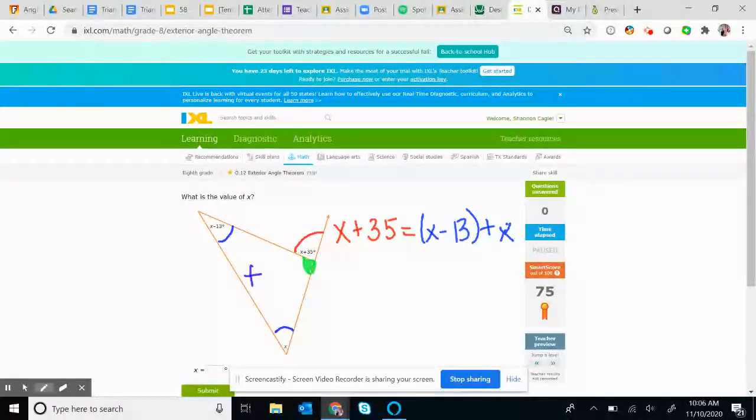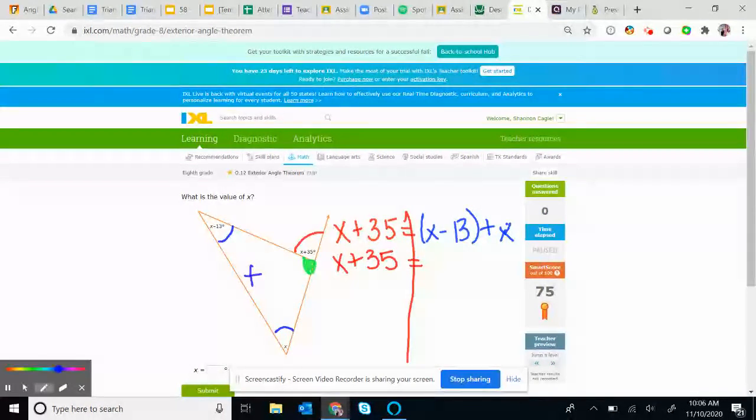To begin solving for x, the very first thing I'm going to do is combine my x's that are on the right. So I'm going to bring this down, x plus 35. We'll draw our river, equals, and I can't combine the x and the 13 because I can't combine an integer and a variable, but I can combine my x's.